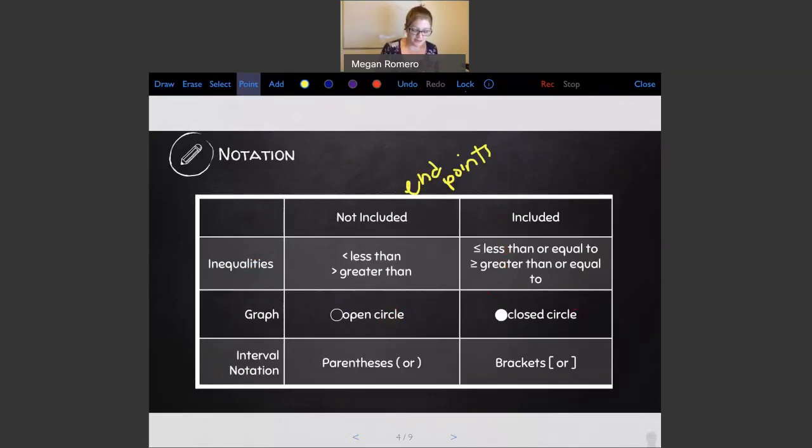When we're asked to write the set in interval notation, if our endpoint is not included, meaning there was a less than, greater than, or even an open circle, we'll use parentheses. If our endpoint is included, then we'll use brackets. Okay, so the things in the not included column go together depending on what form and how we're writing our answer, and the items in the included column go together.